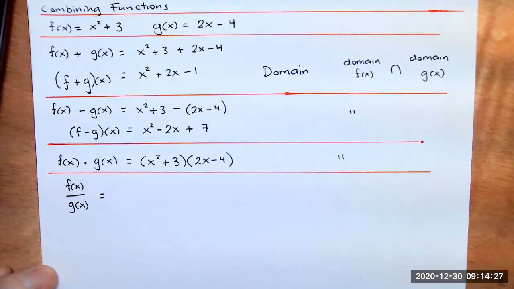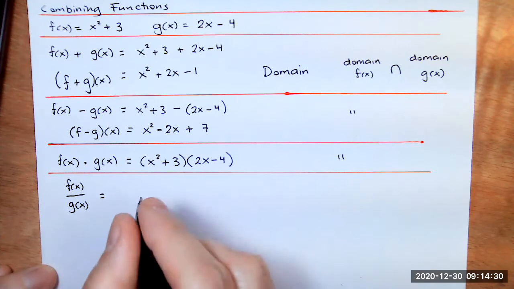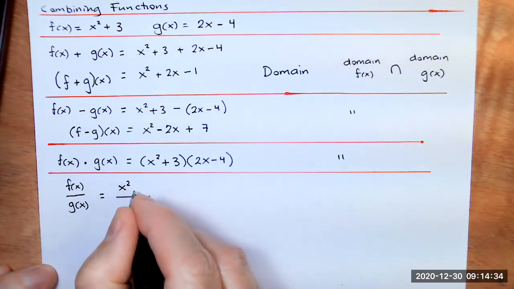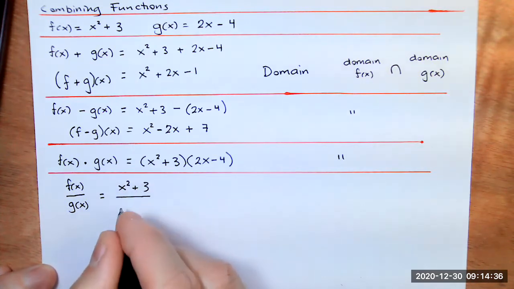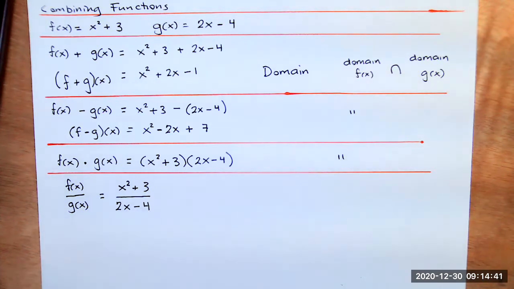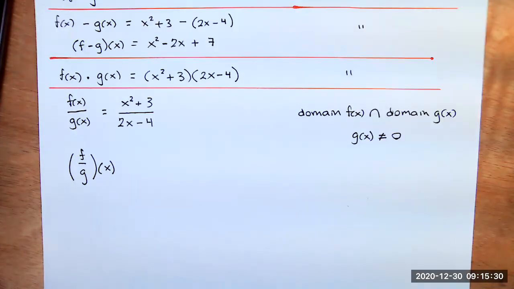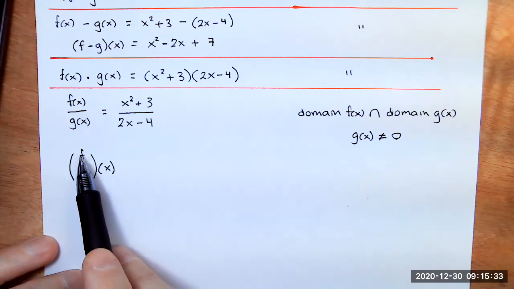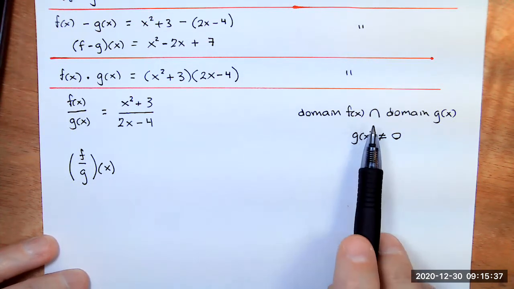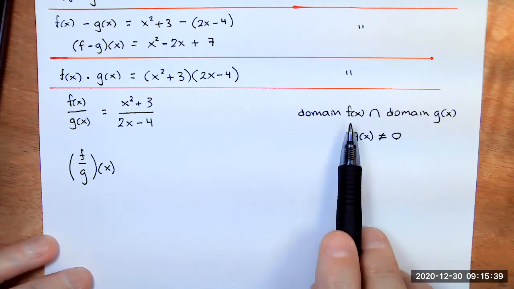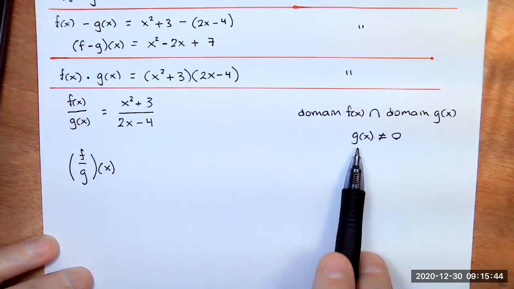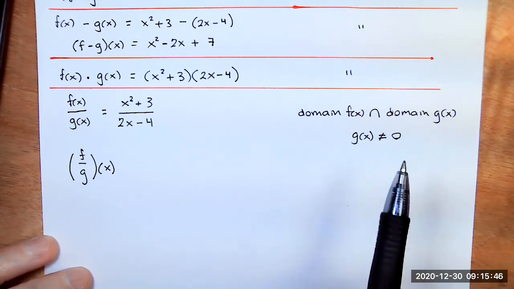f of x divided by g of x is what you would expect. And this can also be written f over g of x. And the domain is the intersection of the domain of f and the domain of g, provided g of x is not equal to 0.